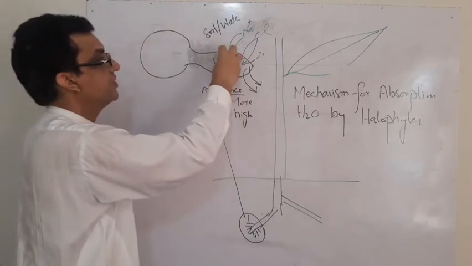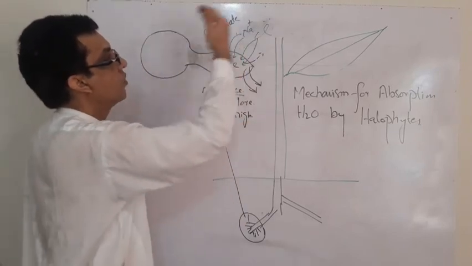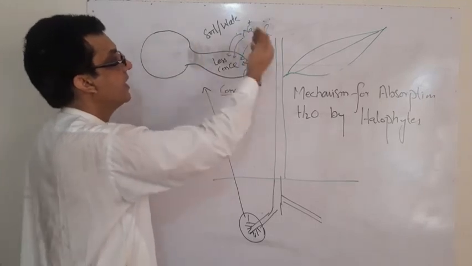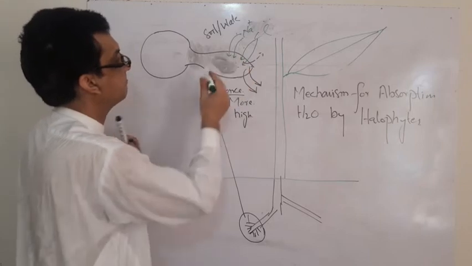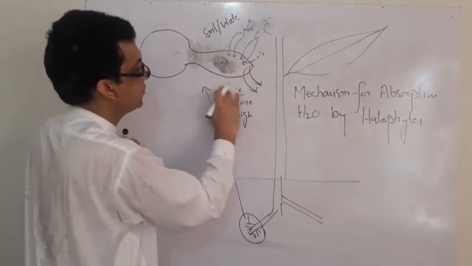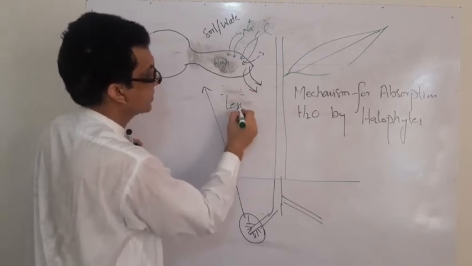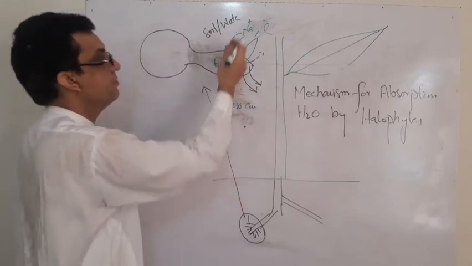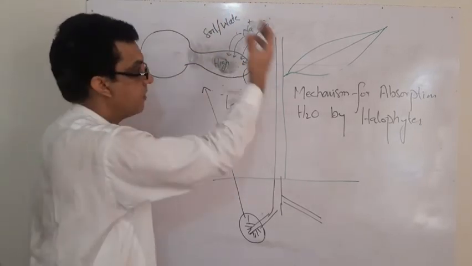So the concentration inside becomes high as compared to outside. So it absorbs more minerals again and again. The concentration of the solution inside becomes high as compared to the outside environment, and the outside becomes less, because of the active absorption of the salts with the help of energy.